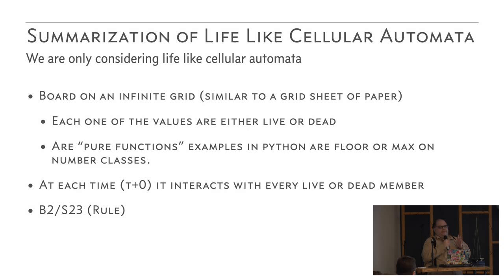An example of a pure function would be floor in Python, while examples of non-pure ones would have to do with mutation when you call it again. I believe a good example would be yield in Python. And below, B2, S23 is the rule for the game of life.